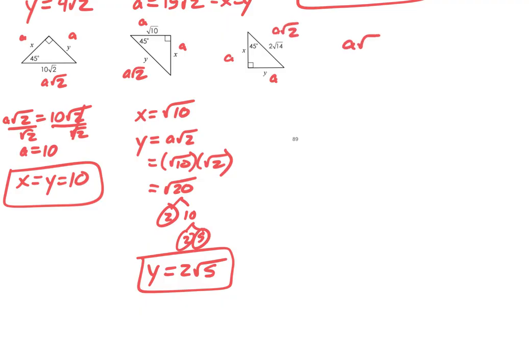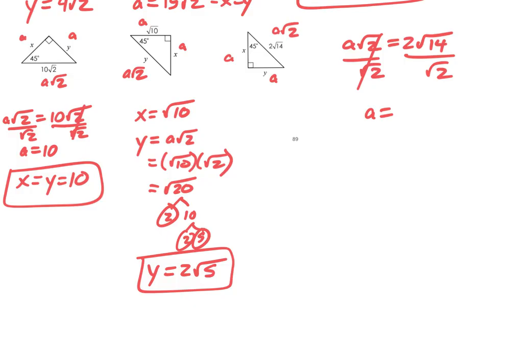So a radical 2 equals 2 radical 14. This is my a radical 2 side, and it's equal to 2 radical 14. I want to get a by itself. So to get a by itself, we're going to divide by radical 2. Can I divide this 2 and this 2?